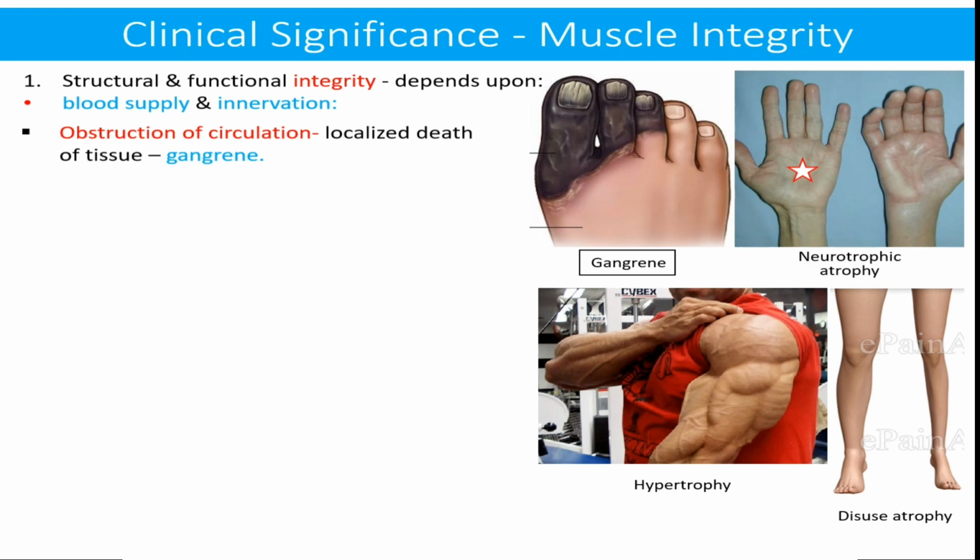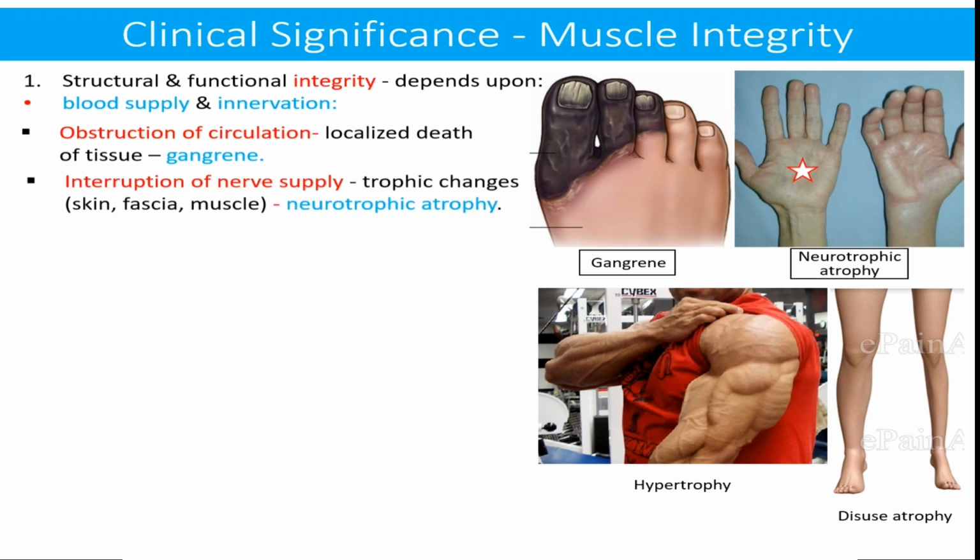If there is obstruction of the blood supply or circulation, it leads to localized death of the tissue, which is named as gangrene. If there is interruption of the nerve supply, this leads to changes in the skin, fascia, and muscles, etc., which are named as trophic changes or neurotrophic atrophy.